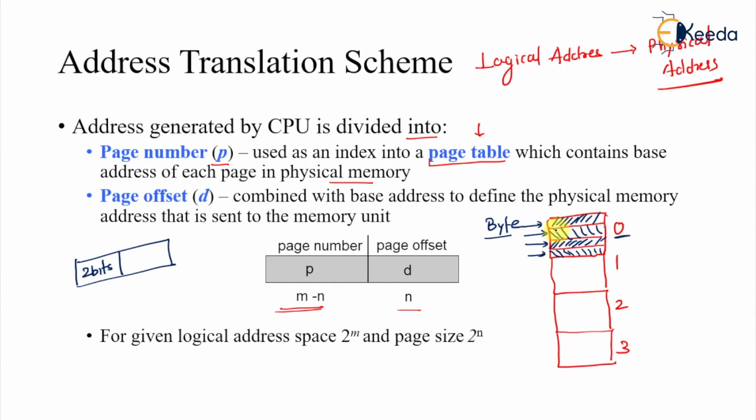Offset means within the page, which byte we are talking about. There are 4 bytes, and again how many bits are required? You can apply simple log base 2 of 4, or the ceiling function if it is not an exact power of 2, and that is equal to 2 bits. So the page number denotes which page we are referencing, and the page offset denotes which byte within the page we are referring to.